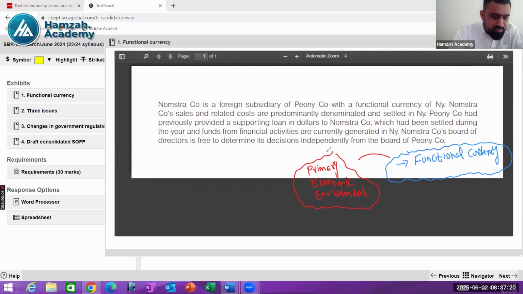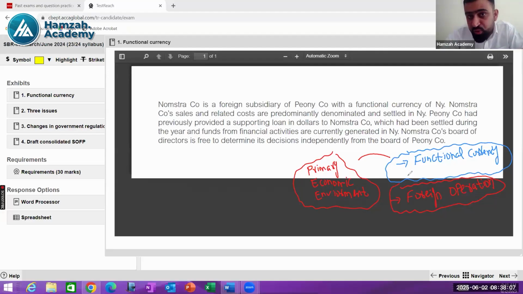Number two, after defining the functional currency, the next thing will be to discuss the functional currency of a foreign operation.